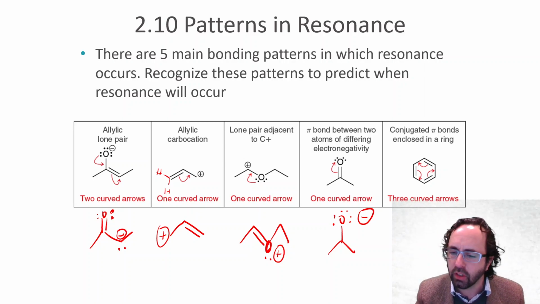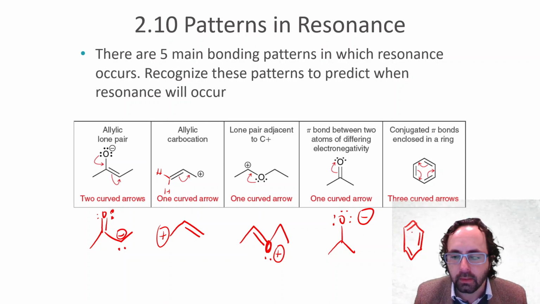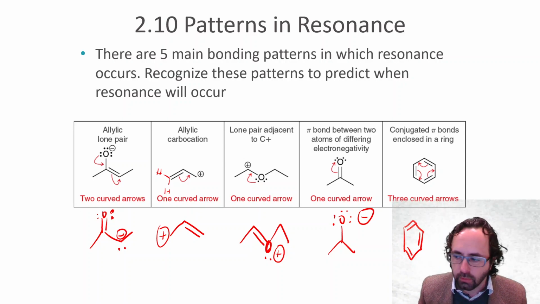We didn't see this much in Chem 212, but you're going to see this significantly more in this chapter because we're going to deal with aromatic rings like this. So the resonance structure here would look like this: the double bond that was on the left is now over here, and this double bond is now on the right side. And so that's how you draw the arrows and the resonance structures for these.